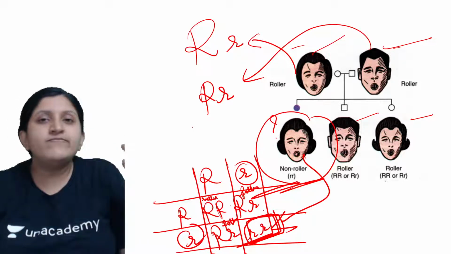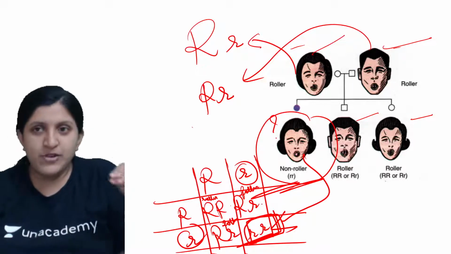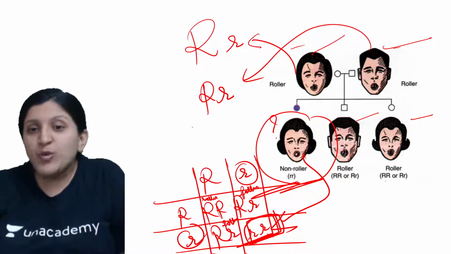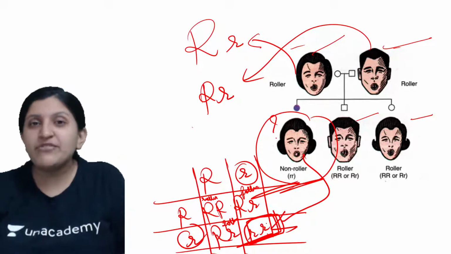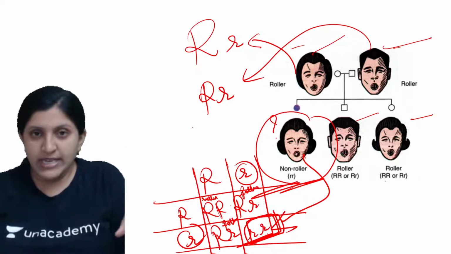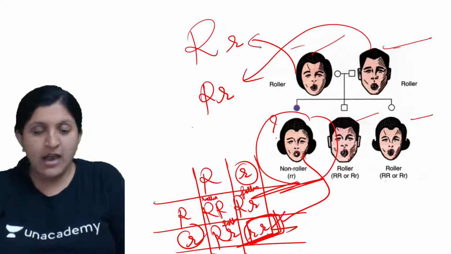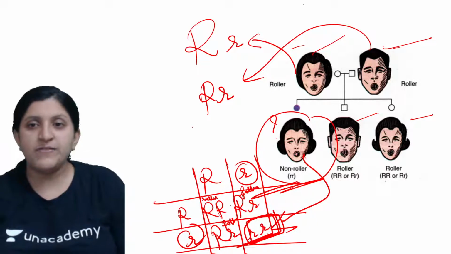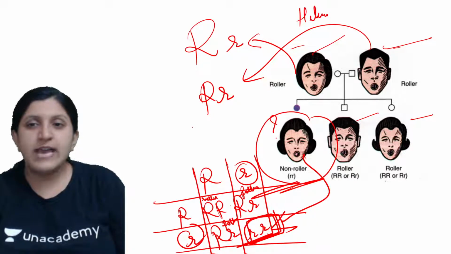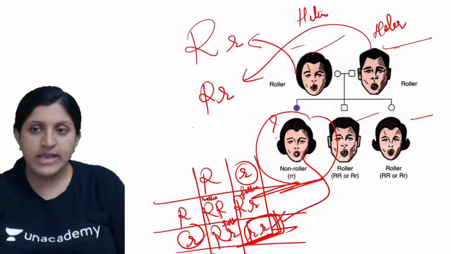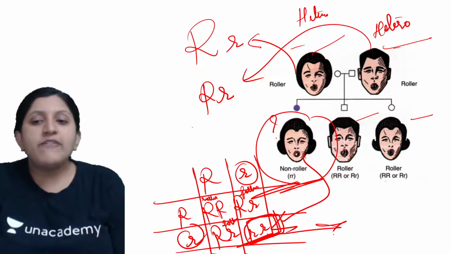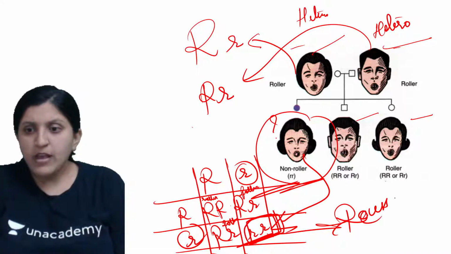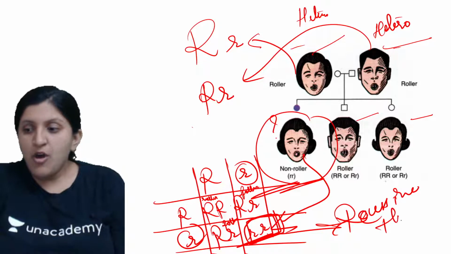Because the gene responsible for non-rolling is expressed in their body, as both recessive alleles have come together. So the parent was in a heterozygous condition, the other parent was also heterozygous, and hence they have got one recessive homozygous.